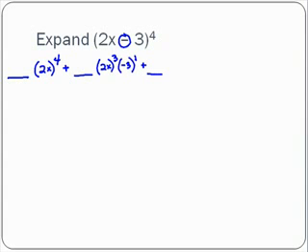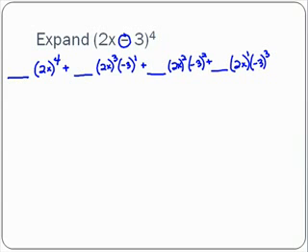Then our next term, the 2x is going to be to 1 less power, so it's going to be squared. The negative 3 is increasing. The 2x is now raised to the first. The negative 3 to the third.